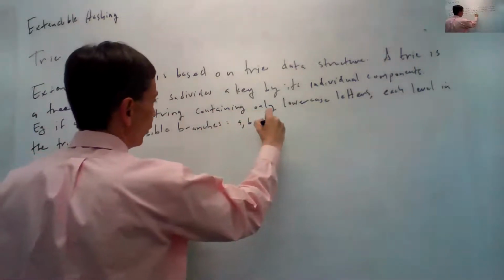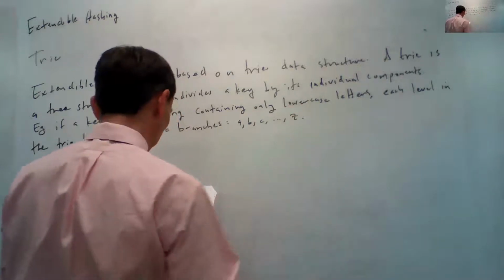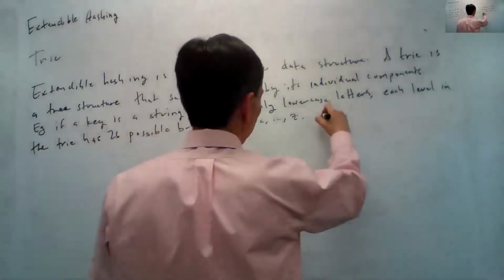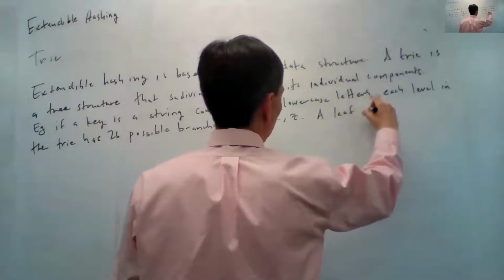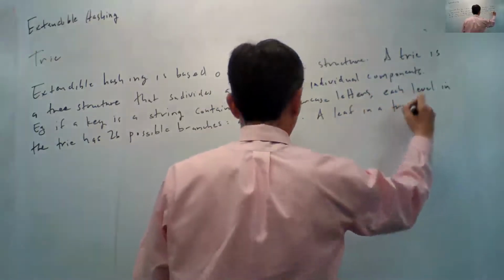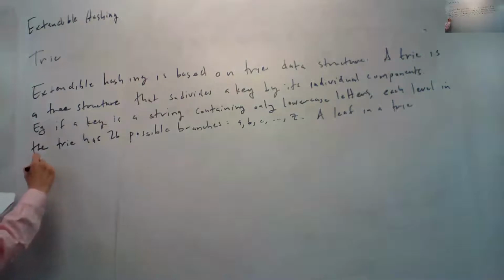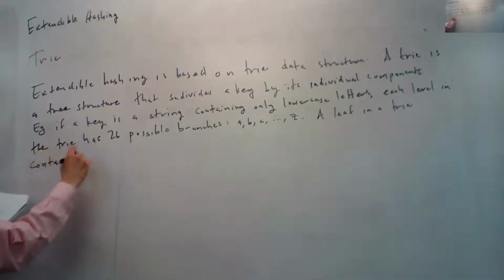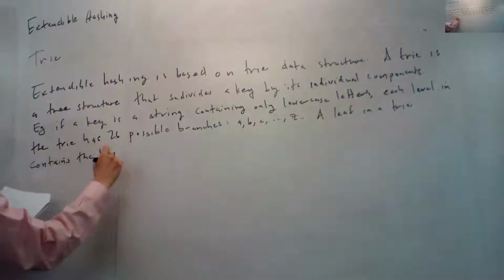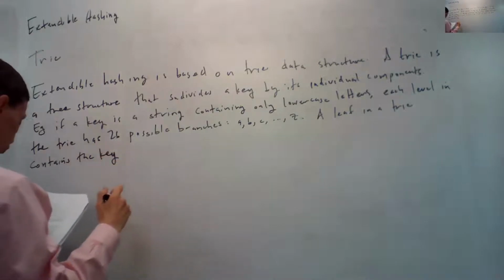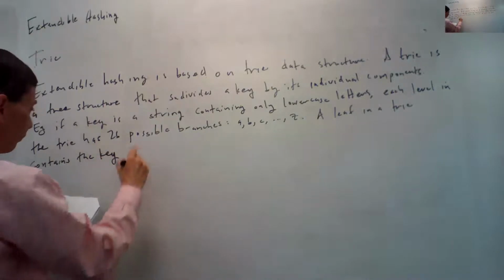A, B, C, up to Z. And a leaf in a trie contains the key that branches to the given location in the trie.